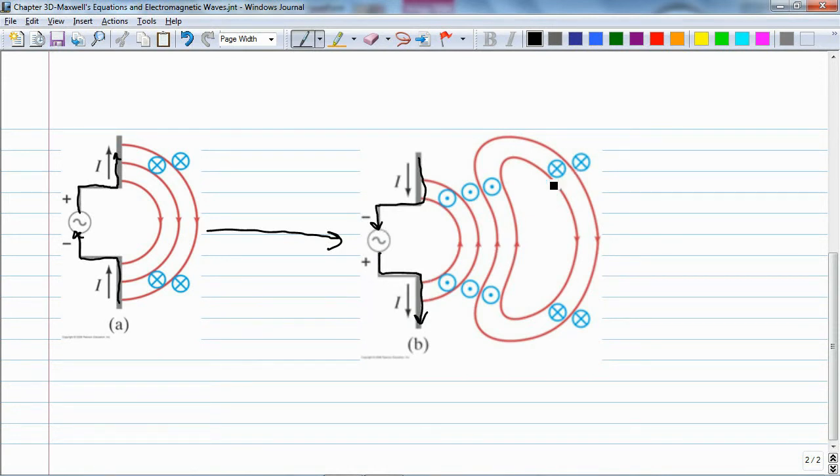And there's a folding of the magnetic field around, and because there's this folding, the magnetic field causes the electric field to fold, or to start going in a curve.